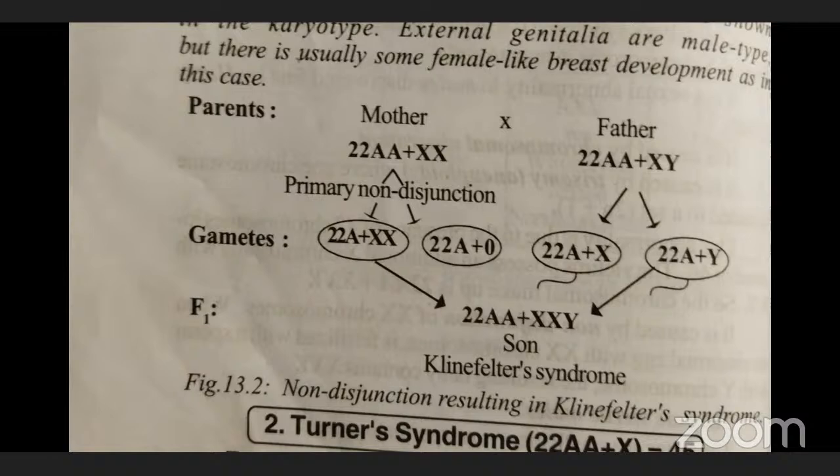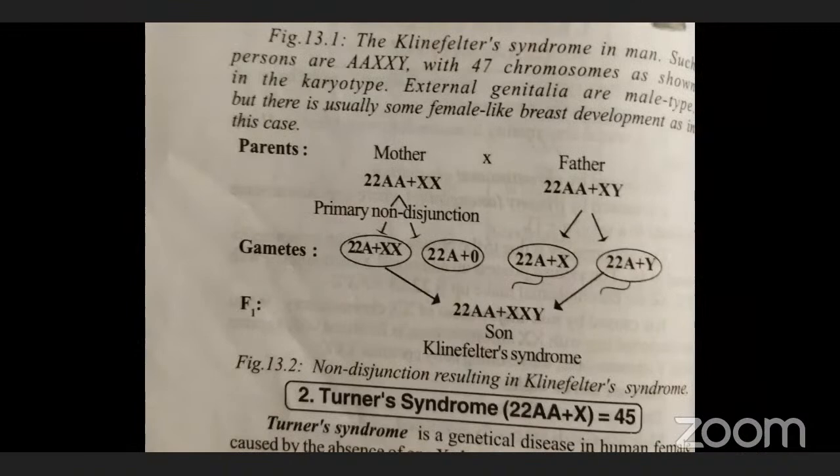Hence, they are mentally affected. Those are the important characters of Klinefelter syndrome. Clear? The next one is Turner syndrome.